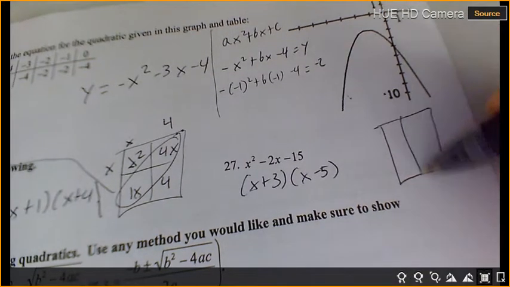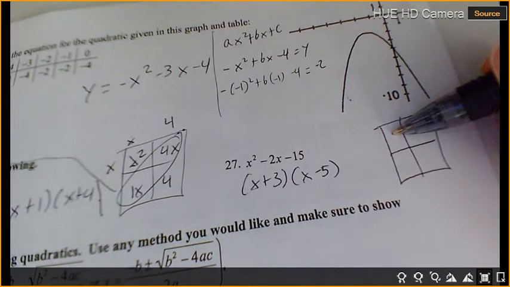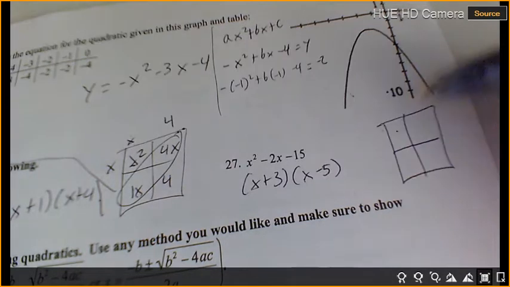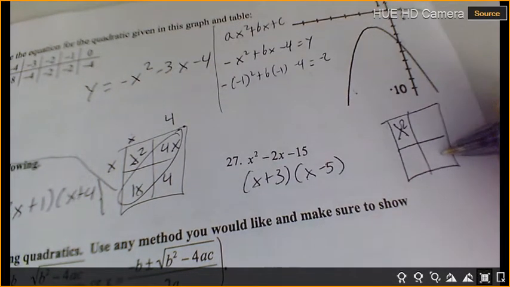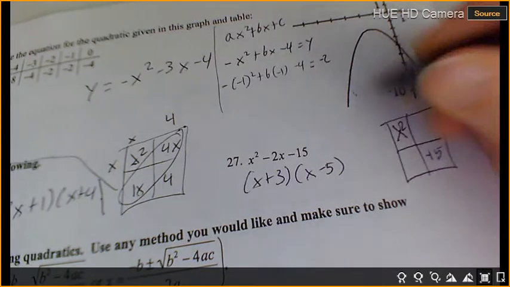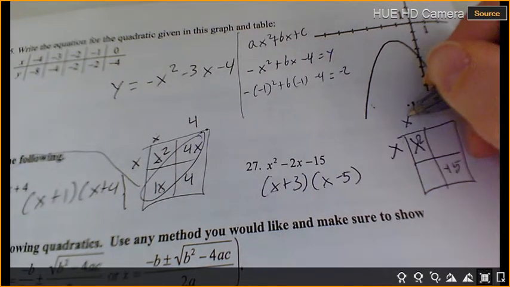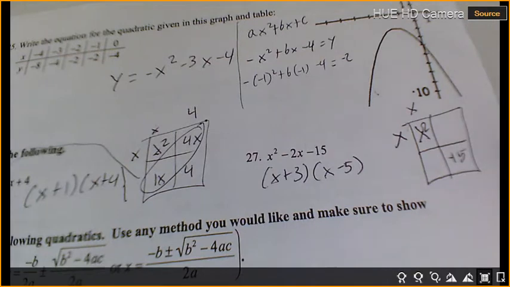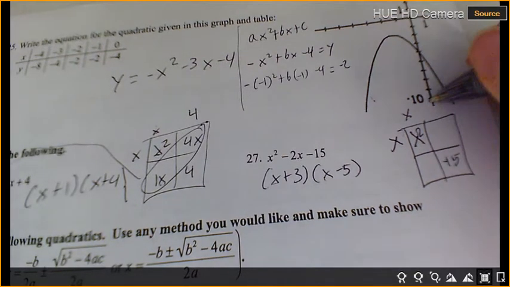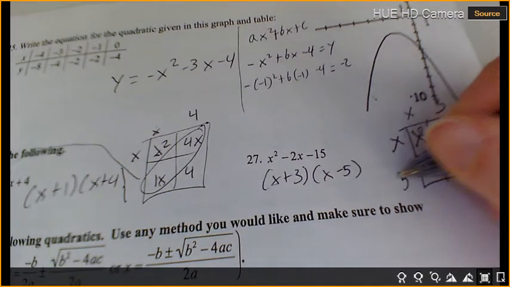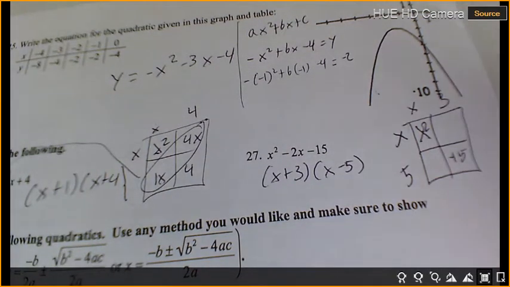What goes in this box right here, Lana? What goes in this box down here? Yep. Okay, we know that the only thing that gives us x squared is x times x, right? So I fill that in. What two numbers multiply to give me negative 15? 3 and 5 is the only thing it can be. One has to be positive, one has to be negative, right?